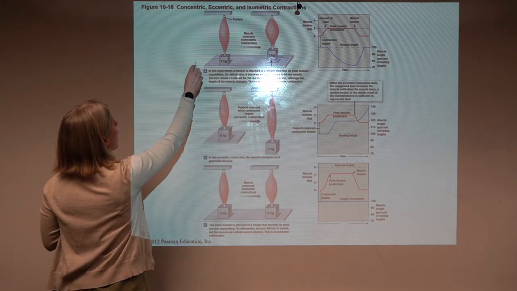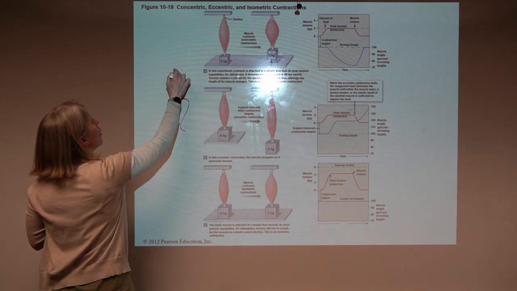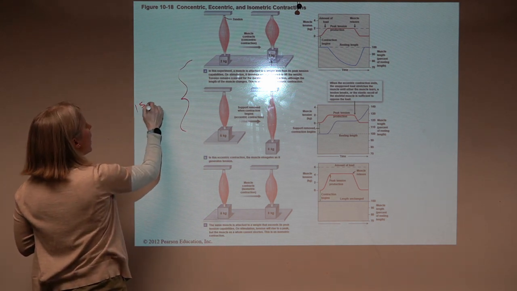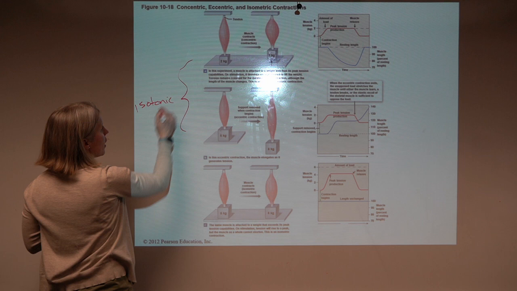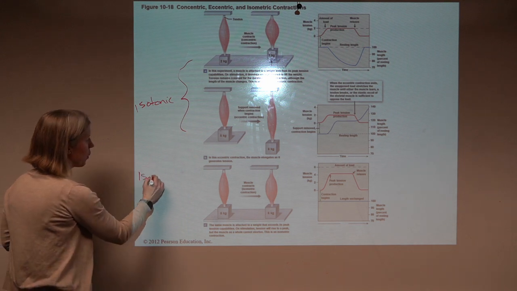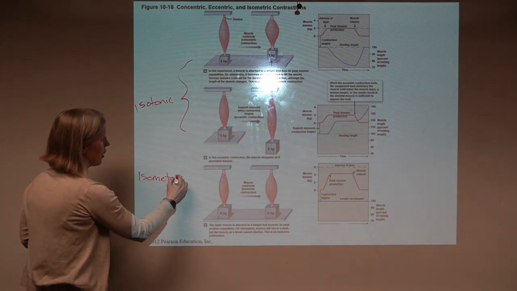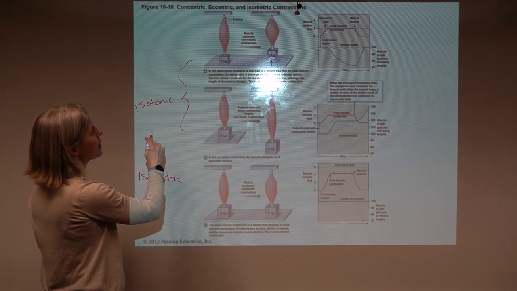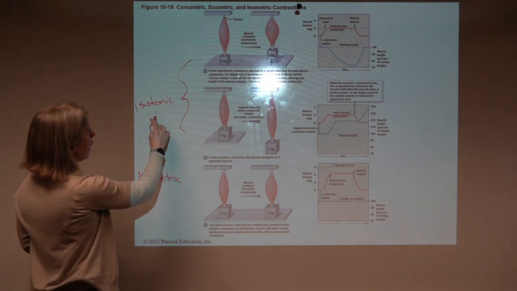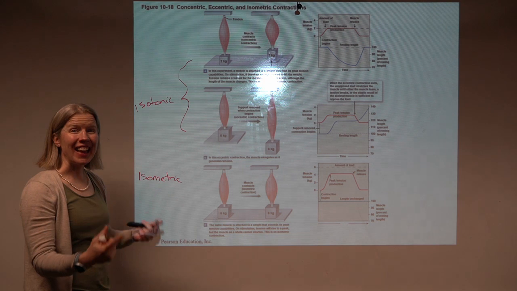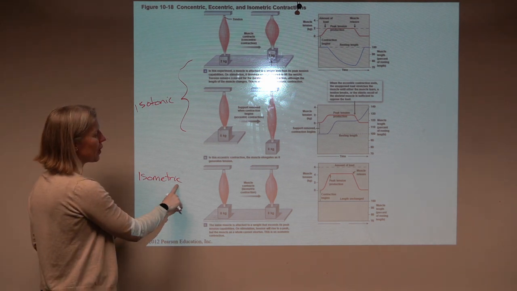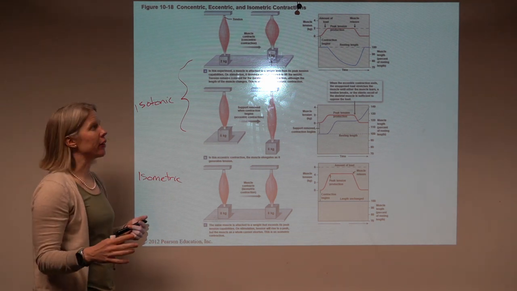So these two contractions are both isotonic. And then this final one is isometric. And so in this case, you're lifting the same amount of weight, but the length is going to change. In this one, the length is going to stay the same.